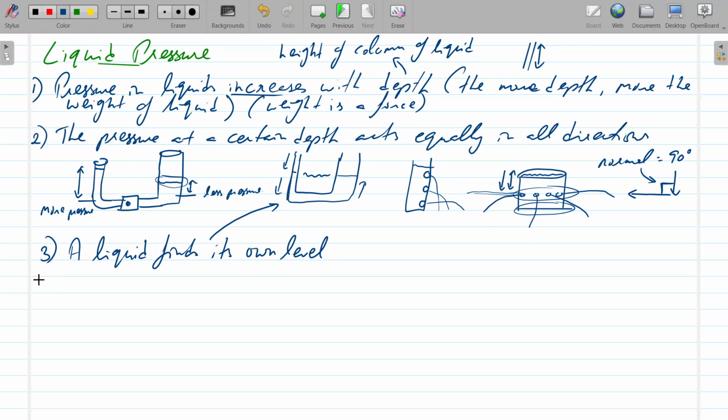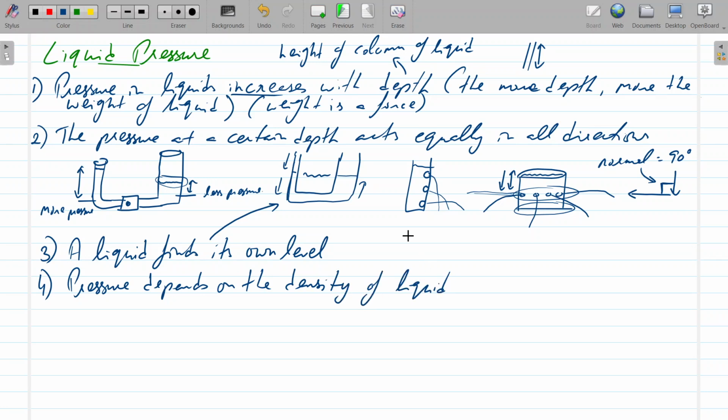Then lastly, pressure depends on the density of the liquid. So not only does it depend on the depth, but also the density. So this makes sense, as in, the more dense, the more pressure it is.